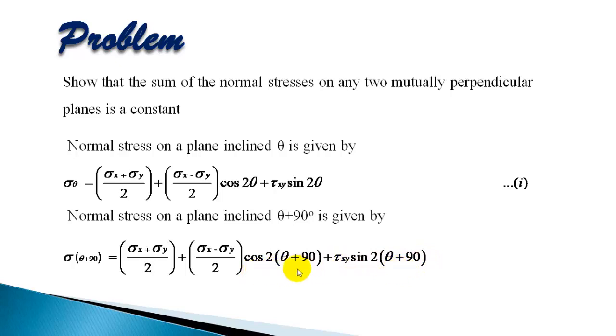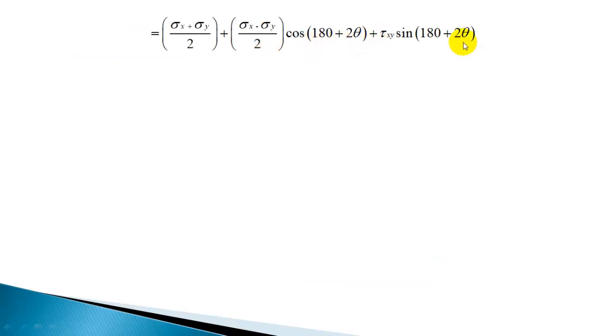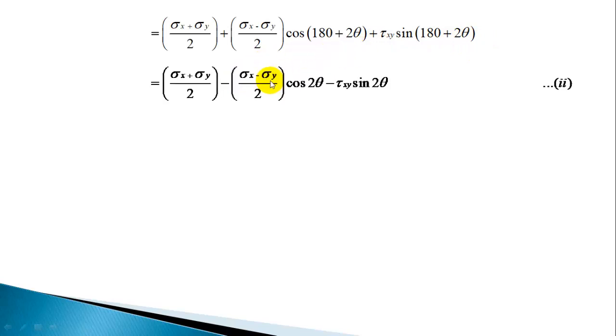So here you will get minus cos 2 theta, and here minus sin 2 theta. So cos and sin of 180 plus 2 theta give minus values. So sigma theta plus 90 is sigma x plus sigma y by 2, minus sigma x minus sigma y by 2 cos 2 theta, minus tau xy sin 2 theta.